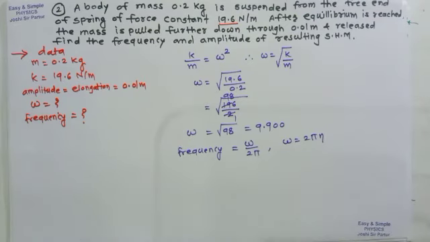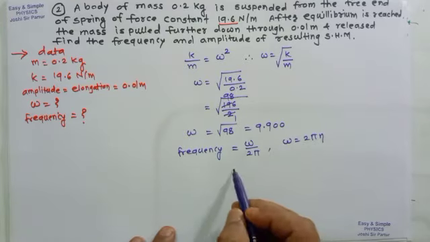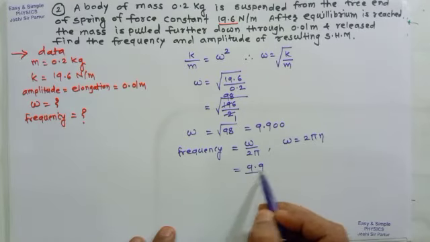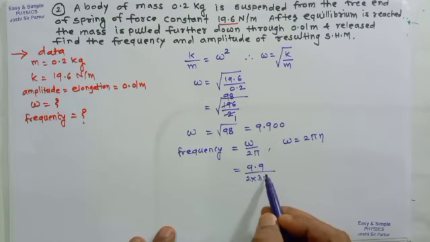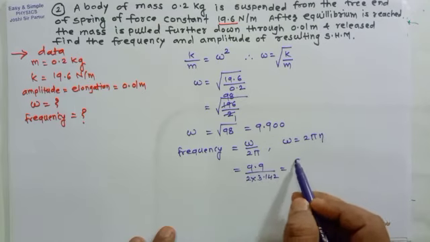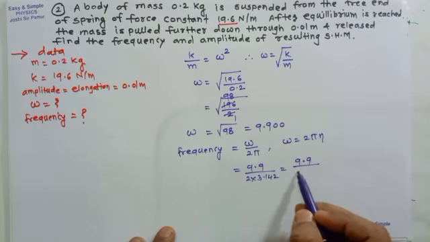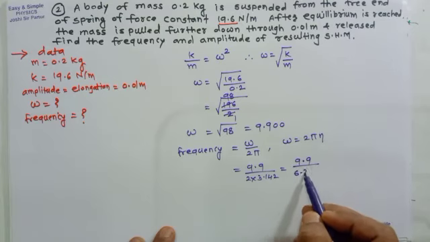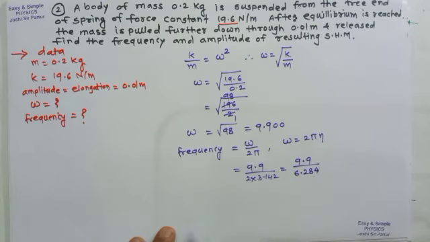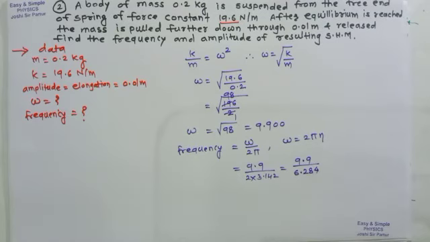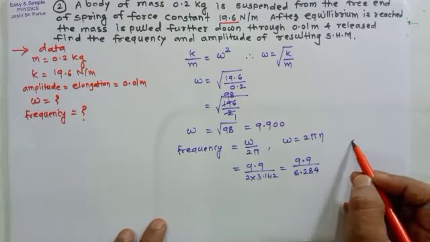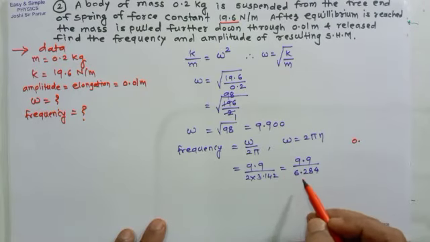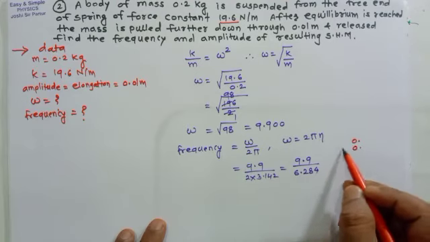Substitute the value of omega, that is 9.9 divided by 2 into 3.142. So it becomes 9.9 divided by 6.284. By using the logarithm, if we find out log of 99, the characteristic will be 0 point, and here the characteristic for the denominator will be 0 point.